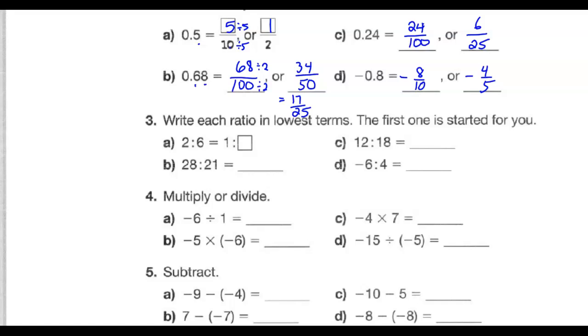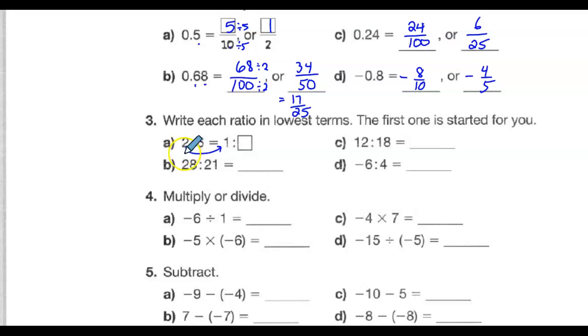Now we're looking at a ratio that's expressed in colon form, colon in between them. A ratio can be a fraction as well, but typically if it's in this form, we call it a ratio, not a fraction. So the ratio in lowest terms, so you want to look at the first numbers, right?